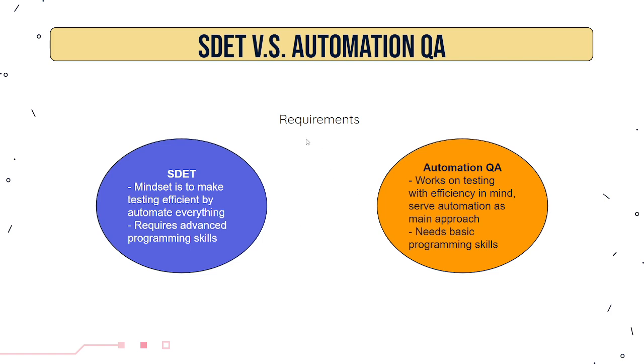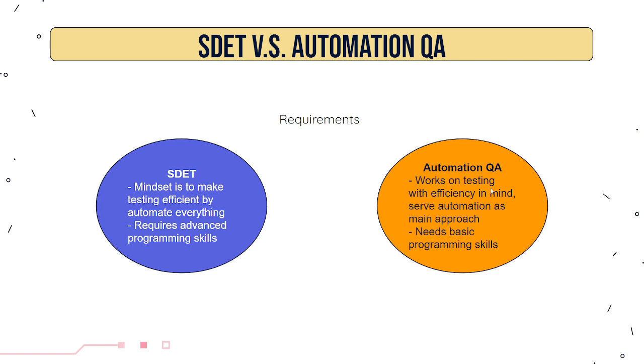Okay, but how about the requirements of automation QAs? Since the requirement of SDET is to have advanced programming skills, how about automation QA? It's more about the testing knowledge they have, and they need to work on testing with efficiency in mind.